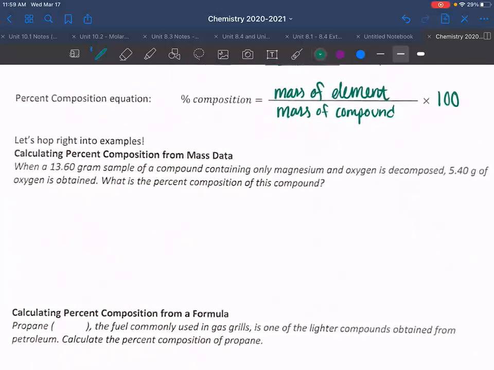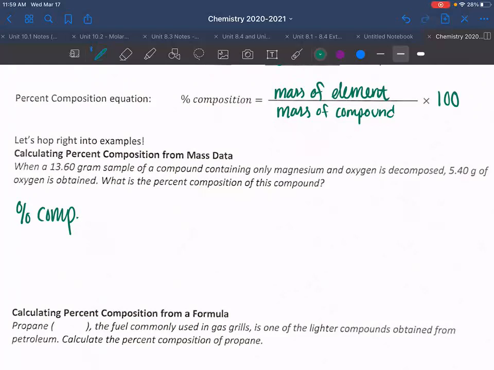Well, if we think of our formula, I'm going to abbreviate this composition. We're going to break this thing down into oxygen and magnesium, the 2 elements that make it up.